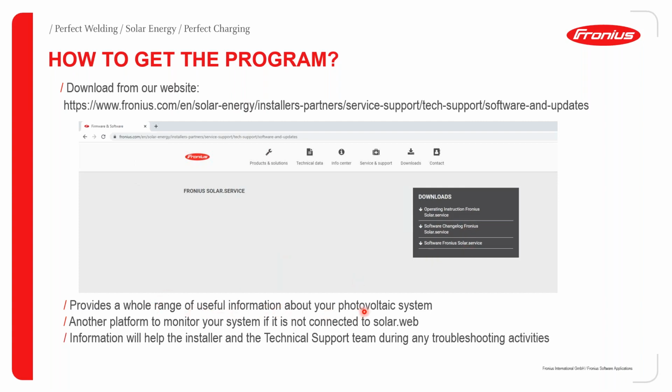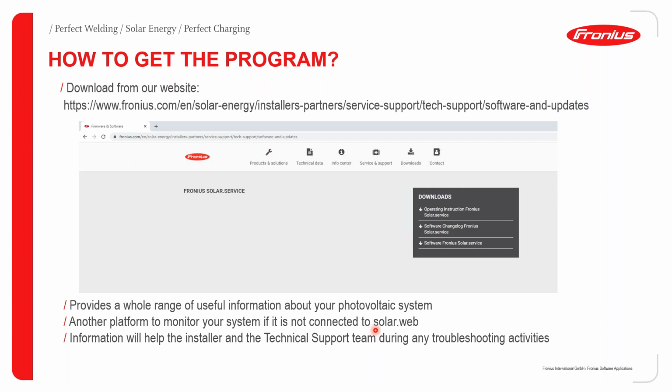This program provides a whole range of useful information about your photovoltaic system. And it's also another platform to monitor your system in the case that it is not connected to Solarweb. There could be many reasons for your system not being connected to Solarweb. One of those reasons is maybe you have really bad internet on site. It could be a farm that's really very far away from the nearest telecom tower.